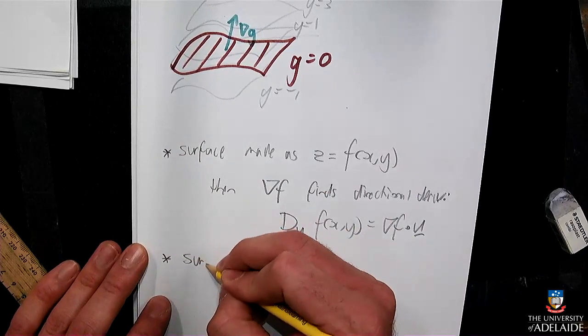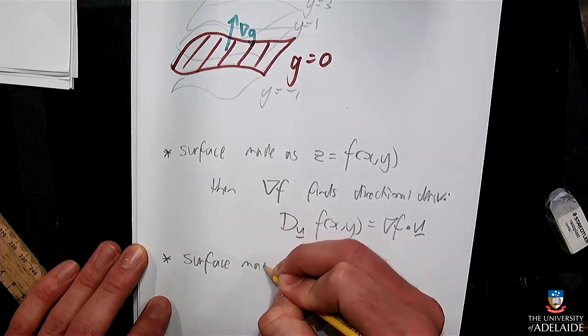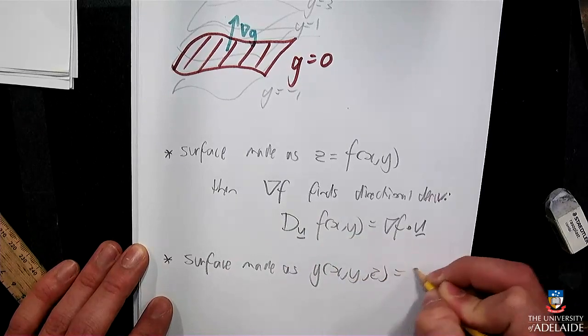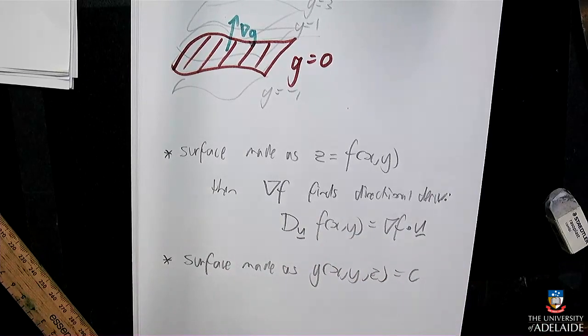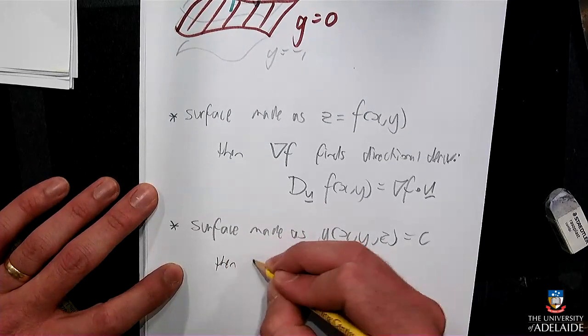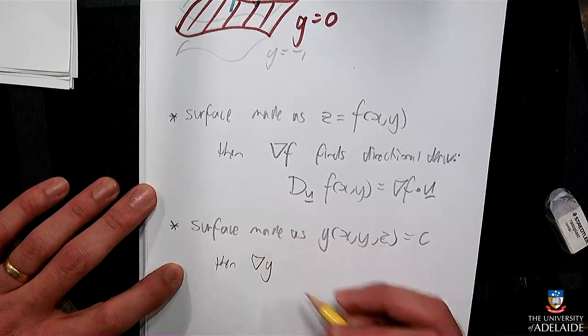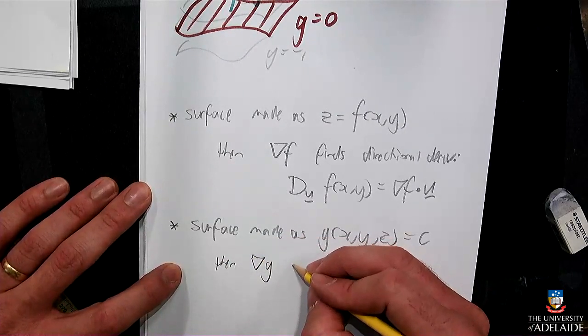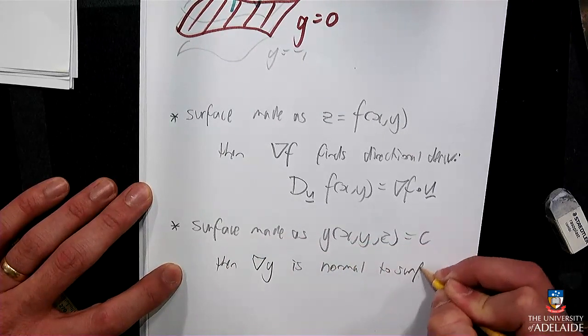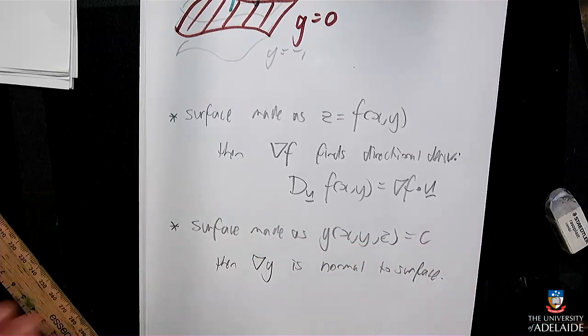If the surface is made as g of x, y, z comes out to a particular constant, usually 0, but nobody really cares, then the gradient of g is normal to the surface. That's what we have so far.